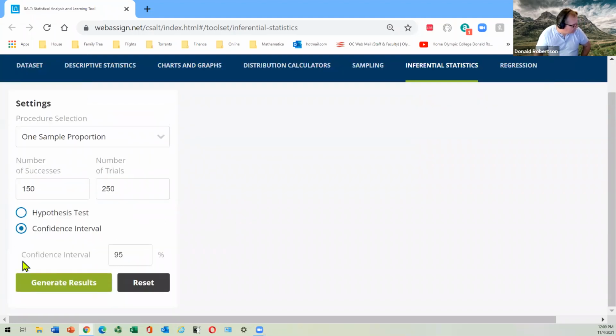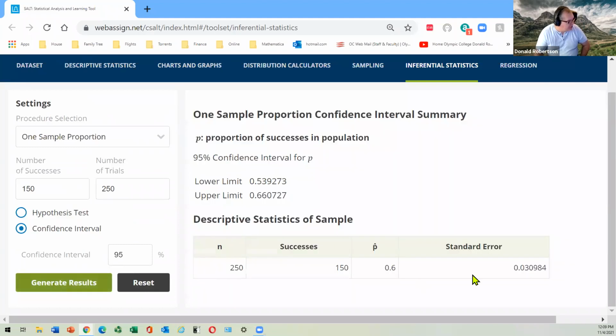We hit the confidence interval, and that's the one I want, and it's 95, and I'm going to generate the result. And we got 0.53 to 0.. I should call it 0.54, shouldn't I, from 2 decimal places, and finishing at 0.66.